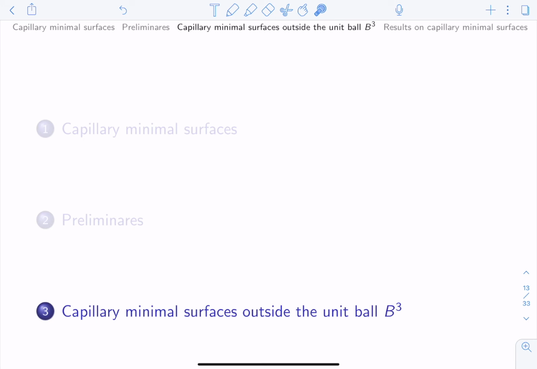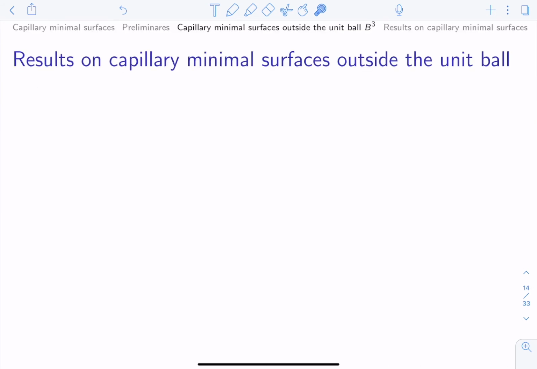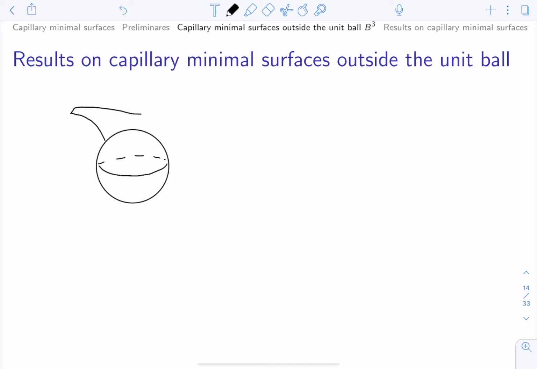Now I will introduce some results on the characterization of capillary minimal surfaces outside the unit ball. To consider capillary minimal surfaces outside the unit ball, we briefly talk about embedded ends of minimal surfaces. So we are considering a surface like this. There is a unit ball, and the surface stays outside this unit ball here.